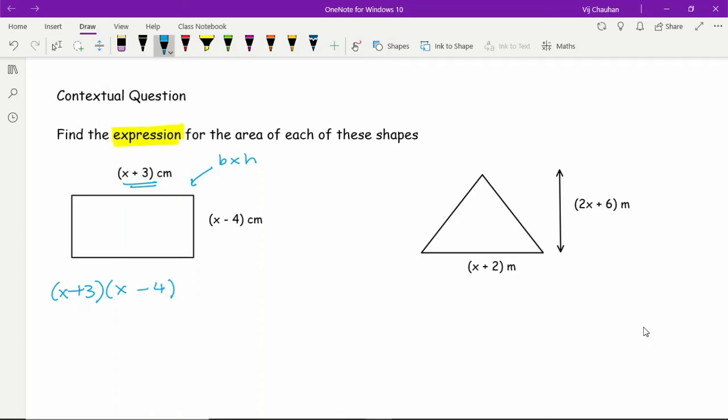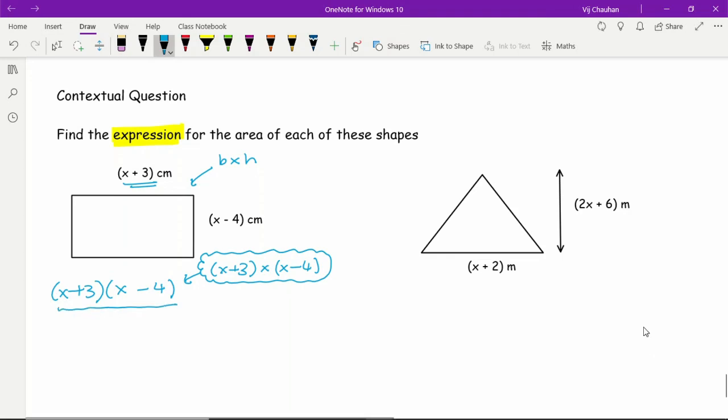Again the key thing to remember is that this is exactly the same as x plus 3 times x minus 4, remembering that one of the rules of algebra is we don't use the multiplication symbol, instead we just merge the two things together, which is why it looks like this.